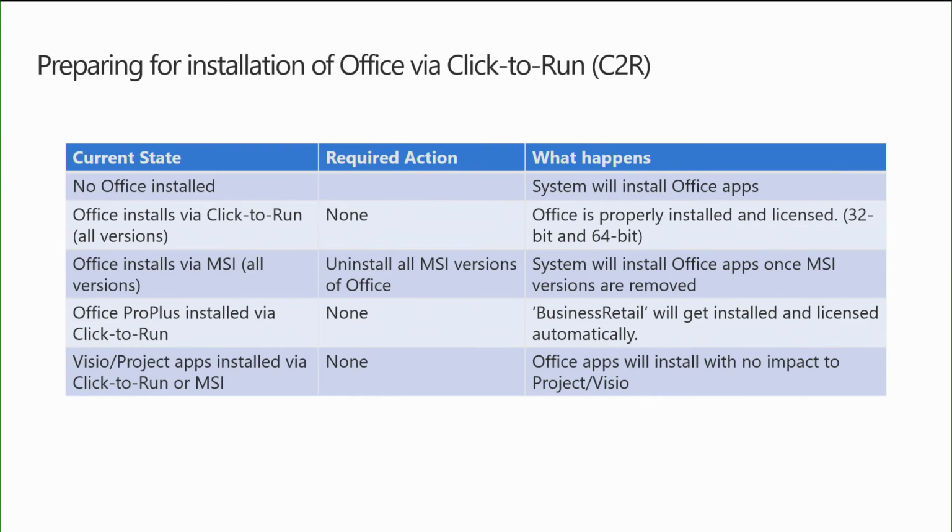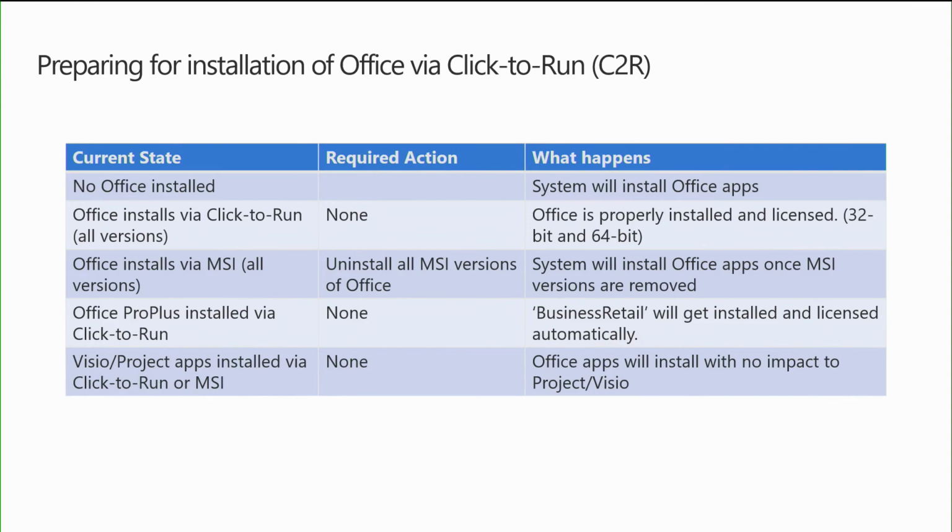If your current state has Office installed via Click to Run, all versions, you don't have to take any actions because Click to Run will take care of itself. Office is properly installed and licensed. So what happens after you sign in is, Office is properly installed. If you are running Office installs via Click to Run, there is no action for you. That is the takeaway.